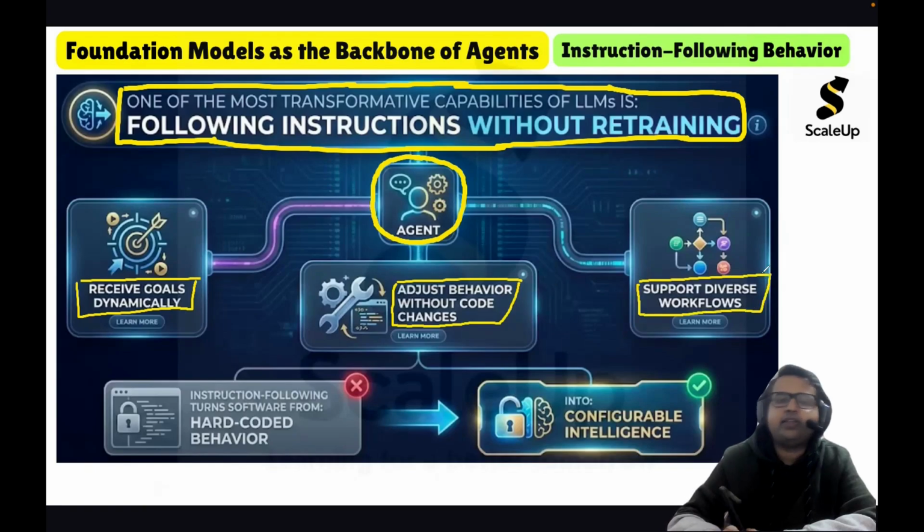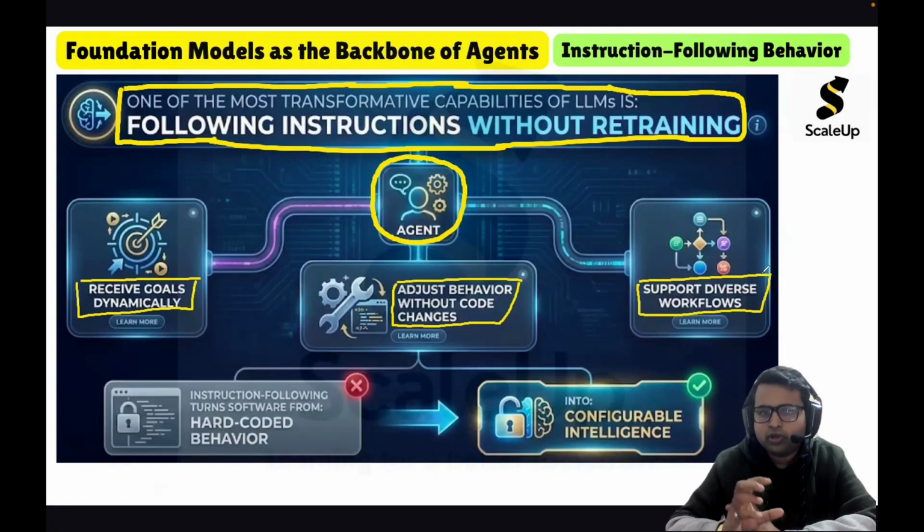And why is it possible? Because they can follow instructions without retraining. They have general purpose intelligence. So even with evolving goals, they know how to accomplish those goals. There is no need for us to change the internal mechanism of the foundation model or LLM. LLMs are very adaptive, very dynamic.